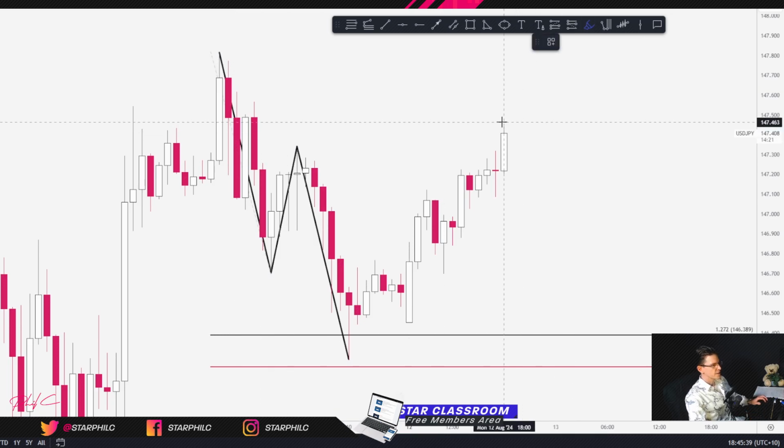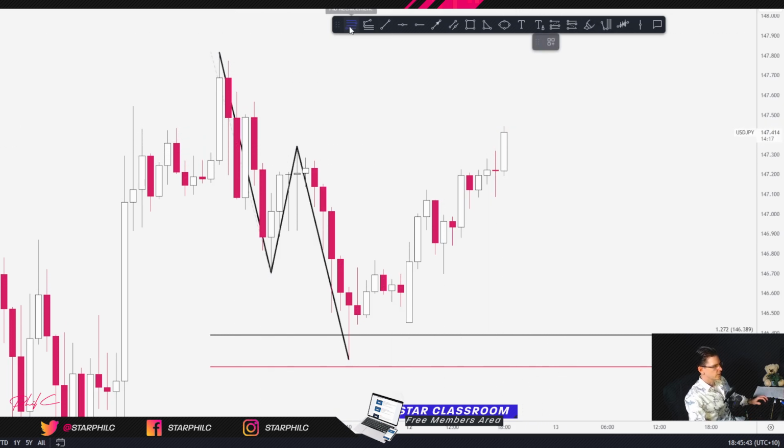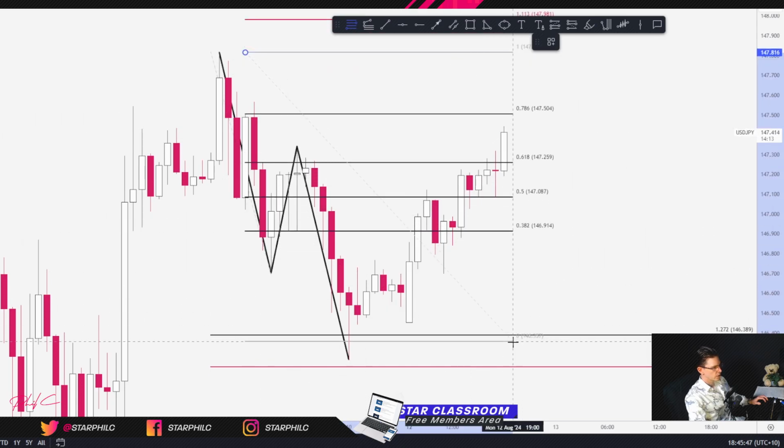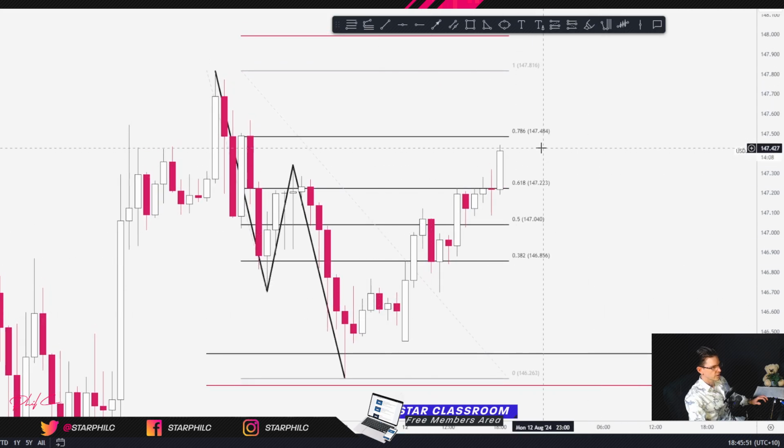And we're going to identify our entry right here. Let's take it from that swing high all the way down to this swing low. As you can see, we're just shy of entries right here. So it's just before the 786. We come up, almost hitting our entry. Where is my entry?